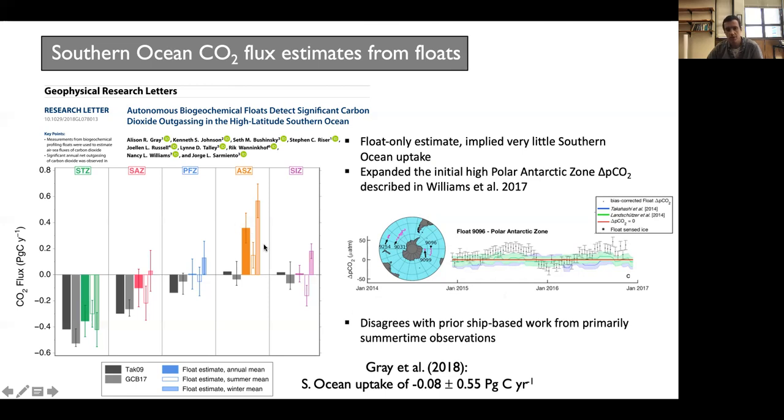So overall, this is very interesting, and it's in large part interesting because it disagrees with the prior ship-based work that is using much more accurate measurements, but measurements that are also biased towards summertime observations. So a bit of a conundrum there.